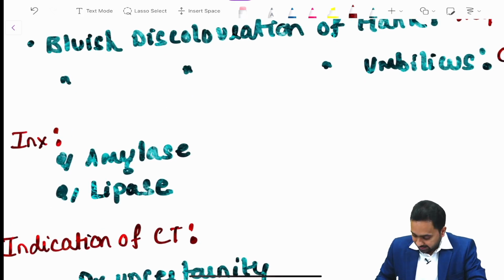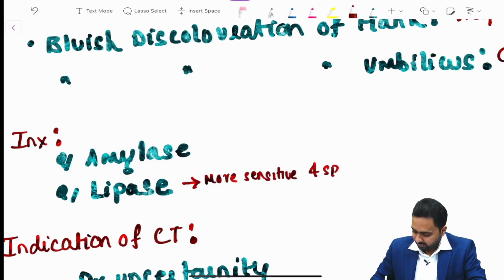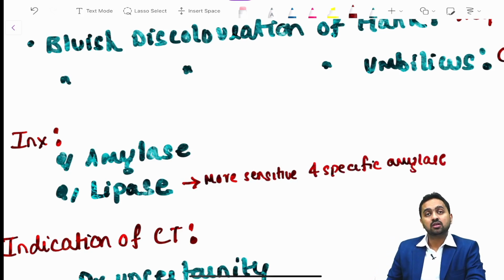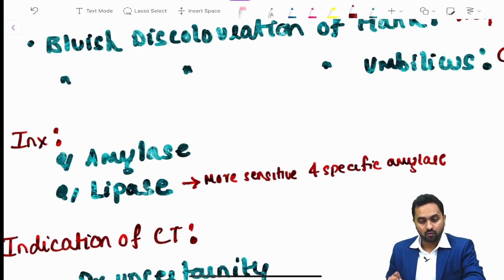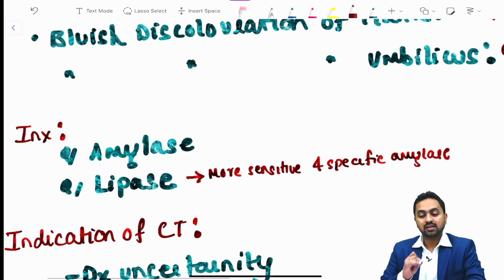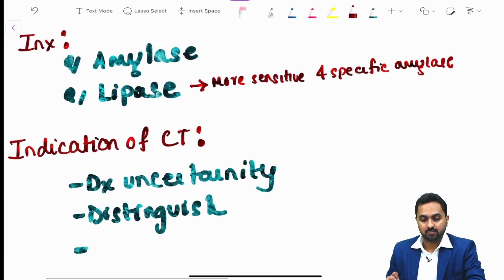Then regarding the investigation, we have amylase and lipase, right. Please remember that lipase is more sensitive and specific when compared to amylase, and a positive amylase does not mean that it is pancreatitis, as amylase can be raised in many other cases also. Then what are the cases when you would want to do a CT scan in acute pancreatitis?